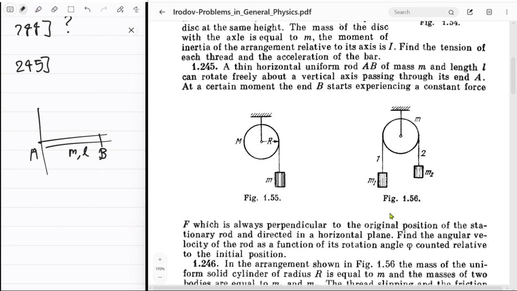Perpendicular to the original position of the stationary rod. Wait, what? Directed in a horizontal plane. This is the original position, and you want it always perpendicular to that. Huh. Okay.